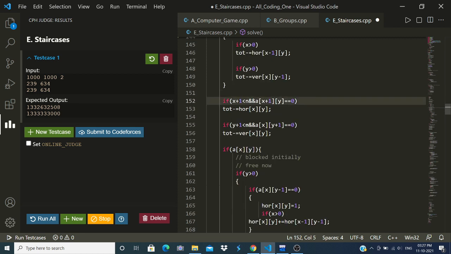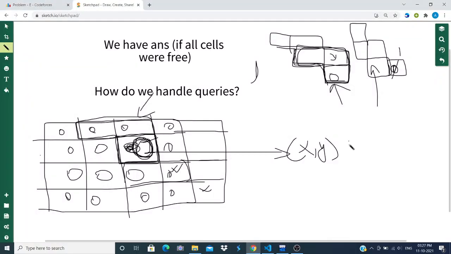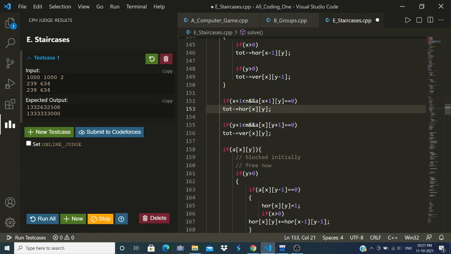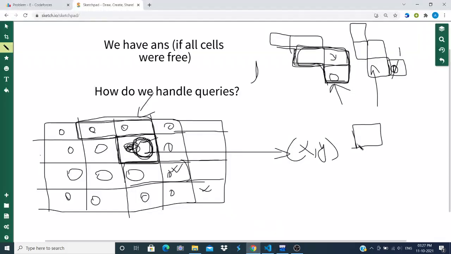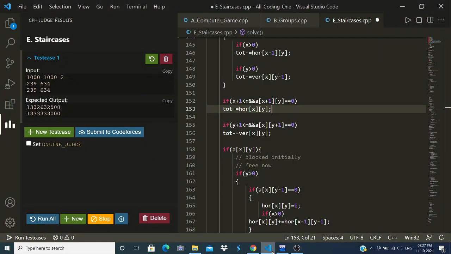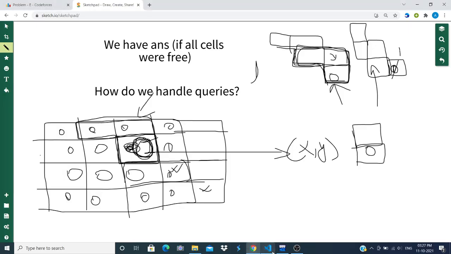The other case is if x plus 1 is lesser than n, and a of x plus 1 comma y is equal to 0, you need to basically subtract horizontal of x comma y. What it means is that if there is a cell x comma y, and x plus 1 is lesser than n and a of x plus 1 comma y is 0, then I also need to remove this x comma y.